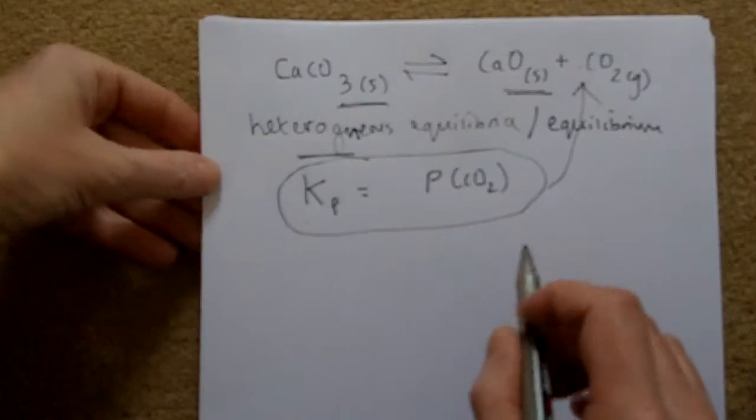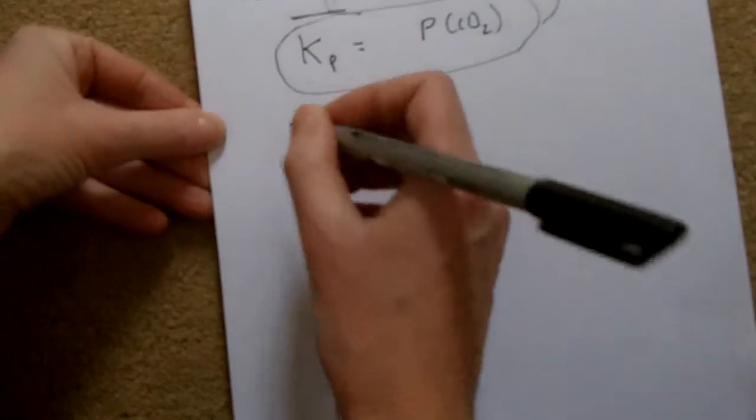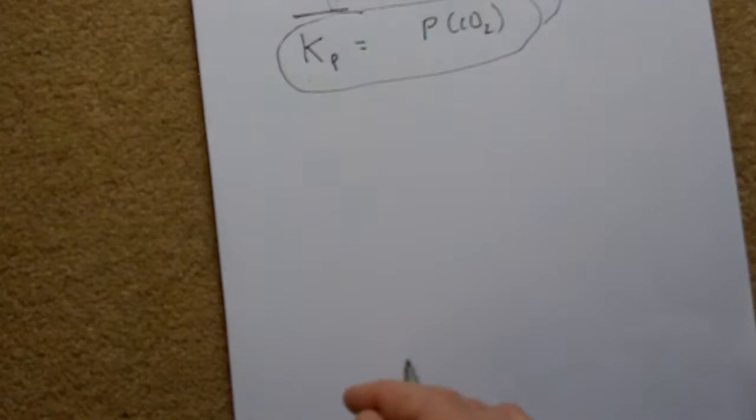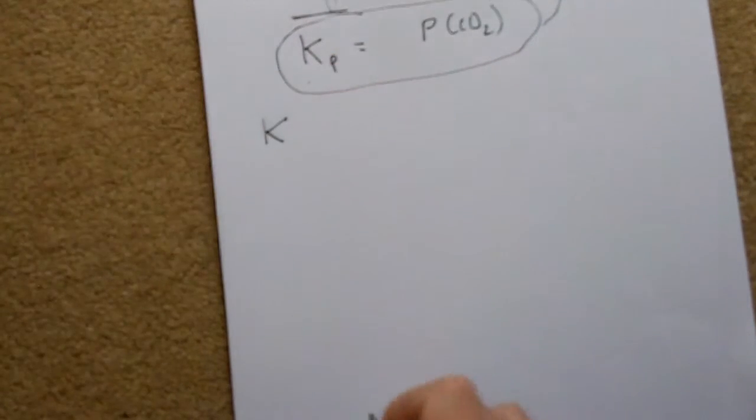Okay, now what do these Ks actually mean? Kc and Kp are both equilibrium constants. There are lots of other equilibrium constants like Kw, Ka, Ksp, which you're going to come across in the course as well. I'm just going to call them K for short.